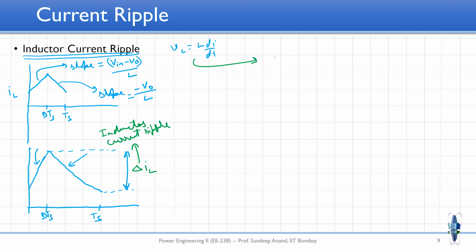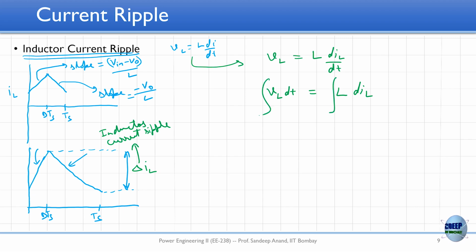We start with the same equation, V L is equal to L di L by dt, so V L dt is equal to L di L, right, and we integrate, and I understand that my current is minimum at 0 and current is maximum at dTs.